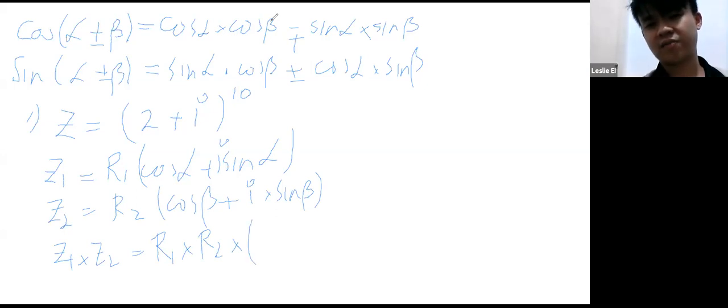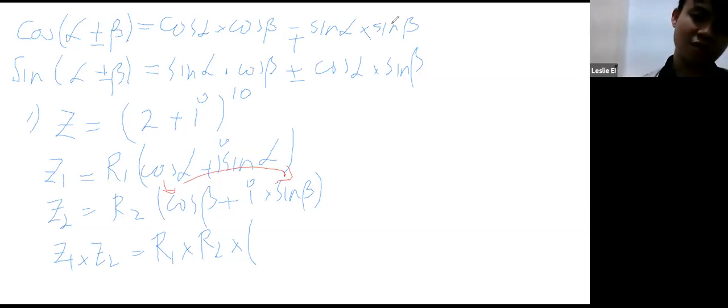If you expand the bracket, you understand how to do expansion, right? Cos alpha times cos beta, then cos alpha times i sine beta. You know expansion, right? So if you expand it, you get cos alpha times cos beta. Then you have plus i times cos alpha times sine beta.